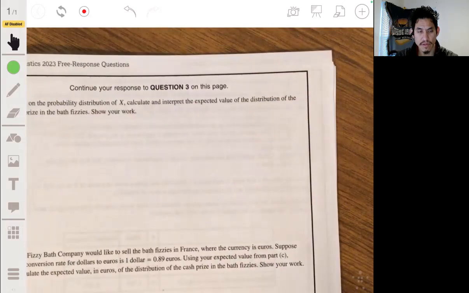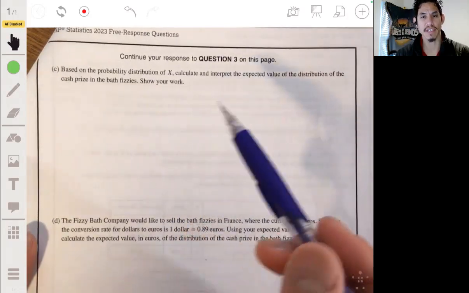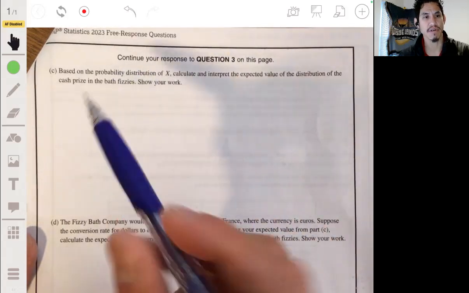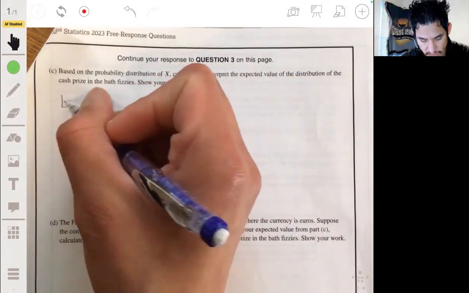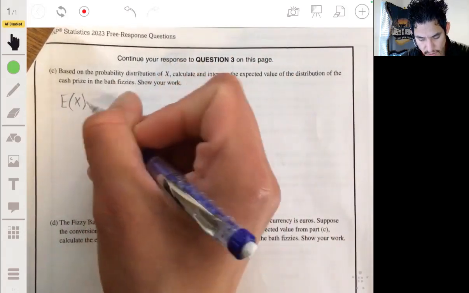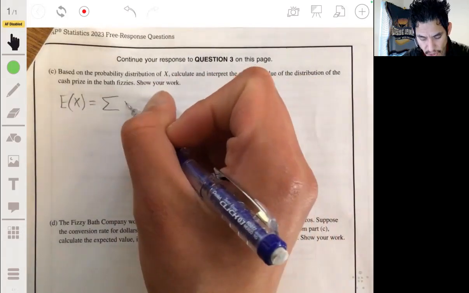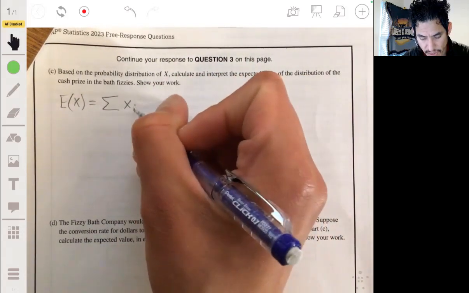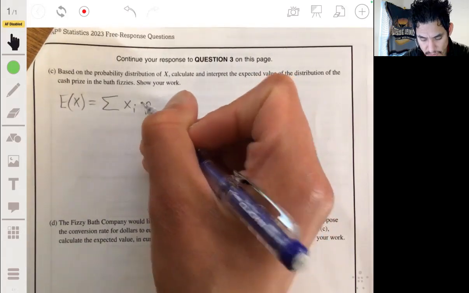All right, part C. Based on the probability distribution of X, calculate and interpret the expected value of the cash prize in the bath fizzy. Show your work. Okay, so the expected value of X, if you recall, and this is in your formula sheet, is a summation of each of the X values multiplied by their corresponding probability values.